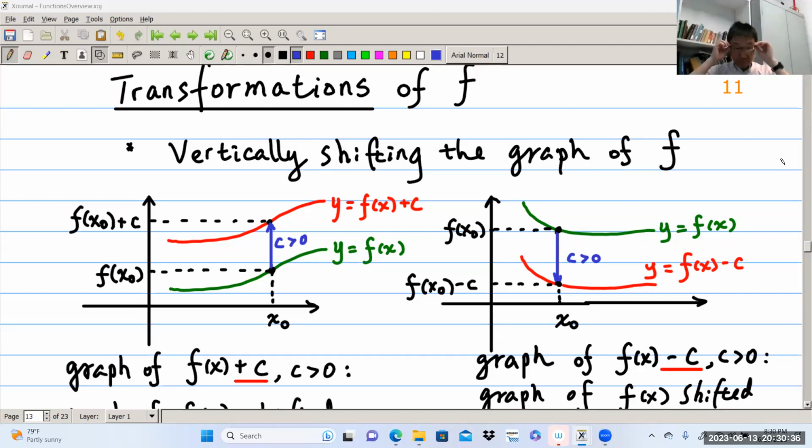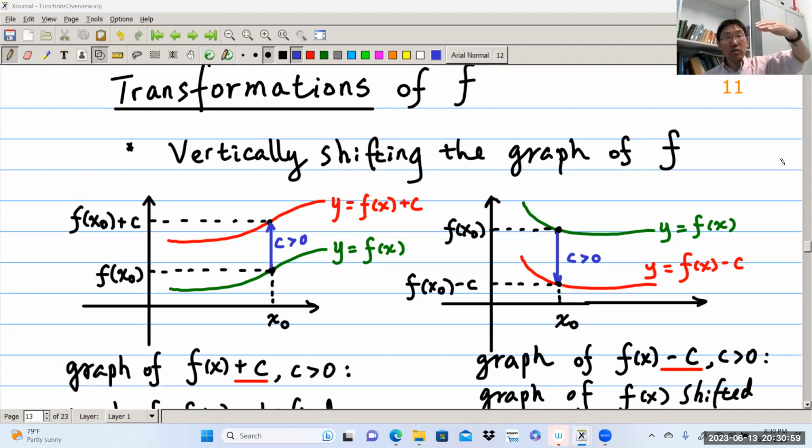Okay. So when we say transformations of a function, algebraically, we do operations on f, right? Say we add a number to f of x, we change x to x plus 2, something like that. We multiply x by 2. We do these algebraic operations on f. That's called transformations on f.